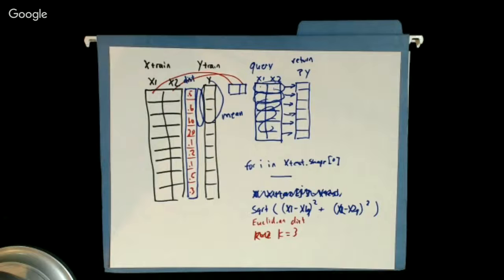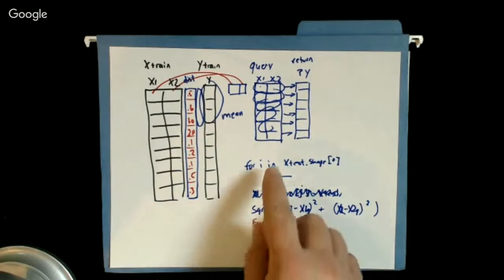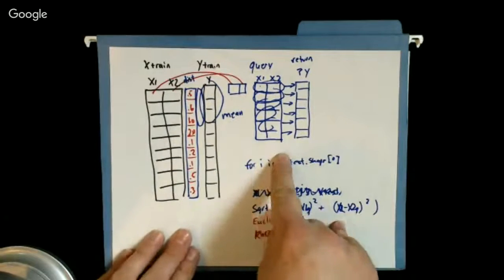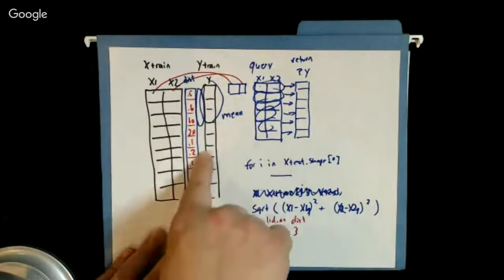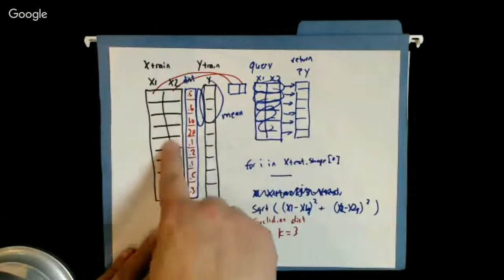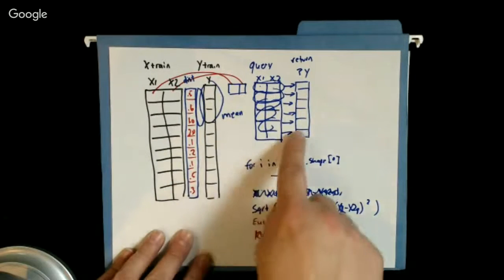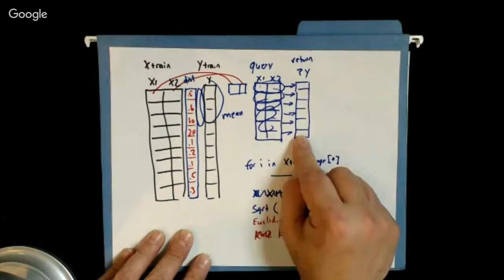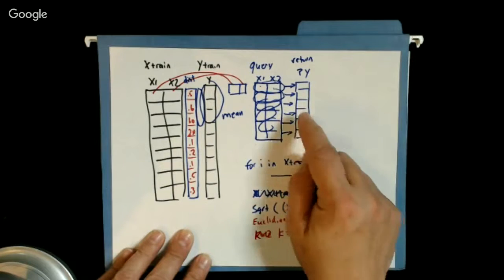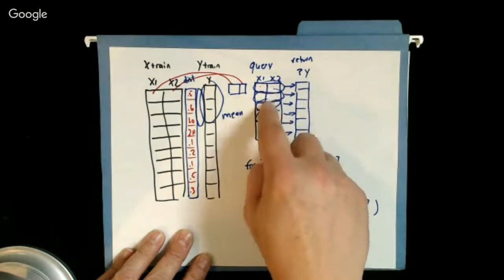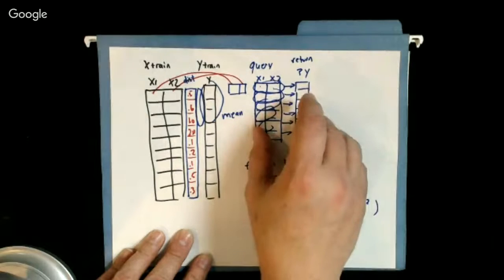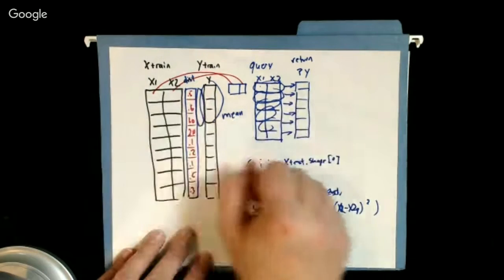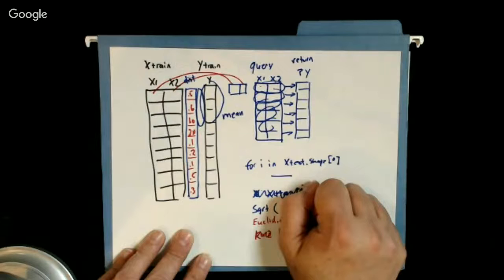One thing you need to realize is that when we're training, we're going to have 60% of the data here. So with the 1,000 samples, this one will be 600 long. But when we're querying, our test data is only 400. And so you need to be sure to correctly iterate through each of these rows. So the query is definitely a different dimension than the training. You need to make sure you account for that properly.